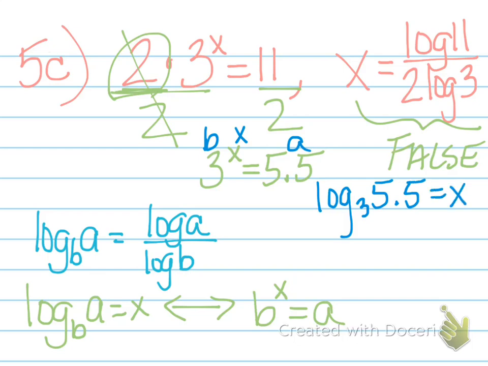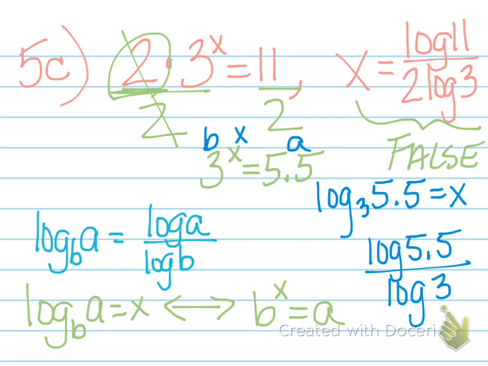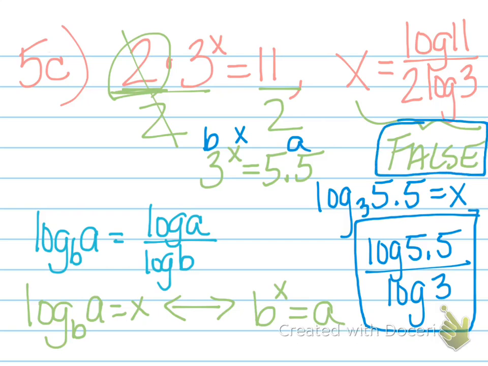So that's one way, but we want it written in the change of base form like they were trying to get to in the problem. So this would be log of 5.5 divided by log 3. The only thing that they were off in is that they did divide by the 2, but you're not dividing log 11 by 2. You're actually just dividing the 11 by the 2. So this should be the answer after you say it's false.